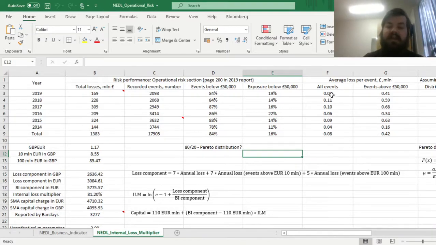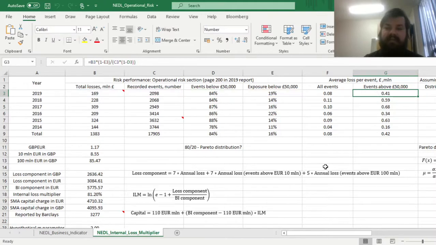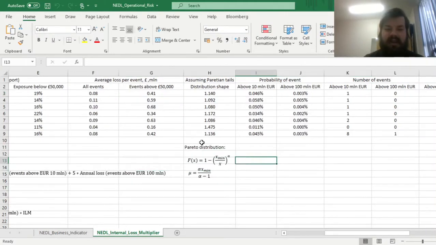Well, we can calculate the average loss per event in £1 million across all events and across the events above £50,000 by just accounting for how many of them there are and how much of the total loss they generated. But what we also can do is implement the Pareto distribution as a power law distribution over here.